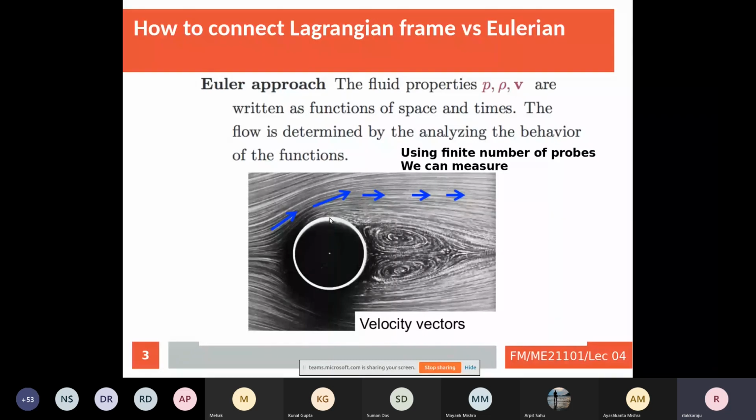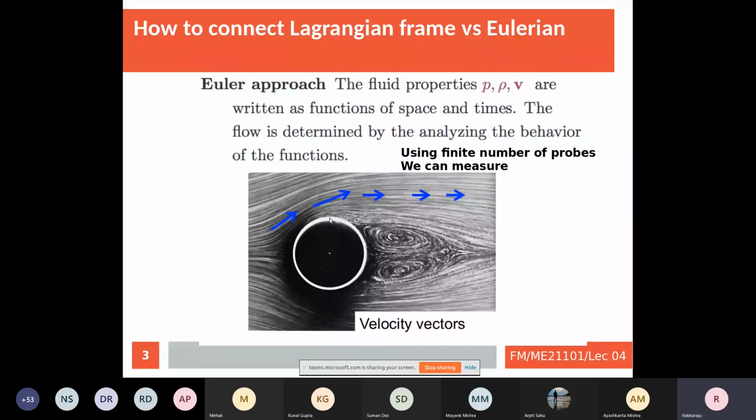So for that purpose, what we are trying to introduce is these two frames of reference. Once I tag, like this is a BMW car, and I'm trying to measure only the velocity of that particular BMW car, then we call it Lagrangian. But if I'm just stationary at a road, I don't care whether it is a BMW or a Porsche or a Maruti Alto, whatever car passes on the road.